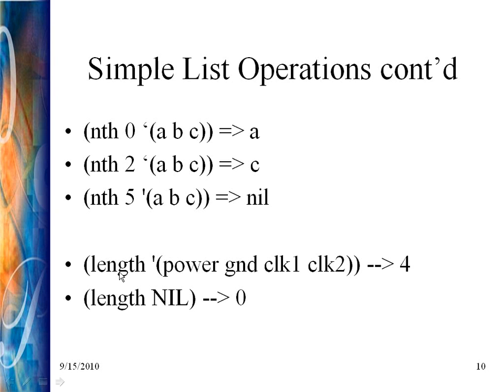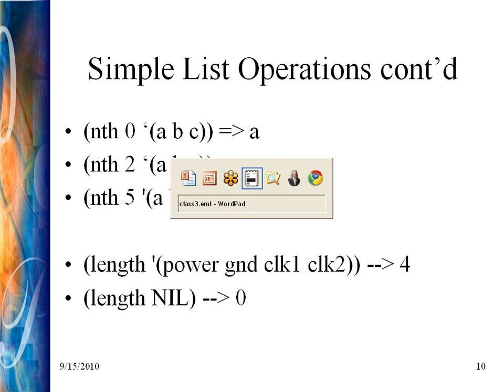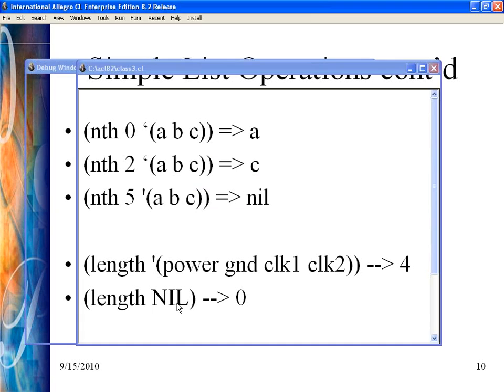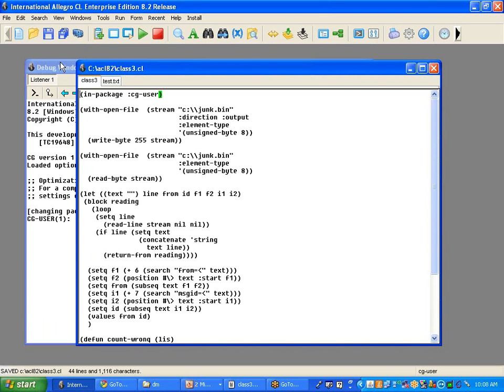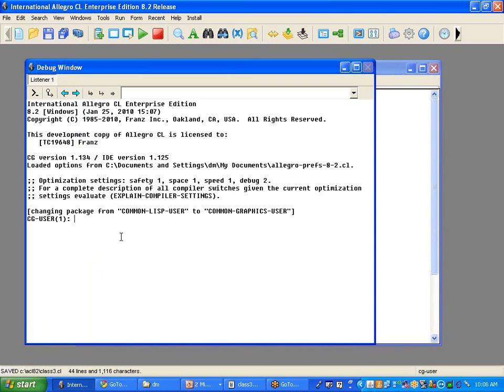There's the length function, and it gives you the length of the list. And here we have a list containing 4 symbols, and its length is 4. The length of nil is always 0. Let me show a few of these. So we're going to set our list to 1, 2, 3, 4, 5.